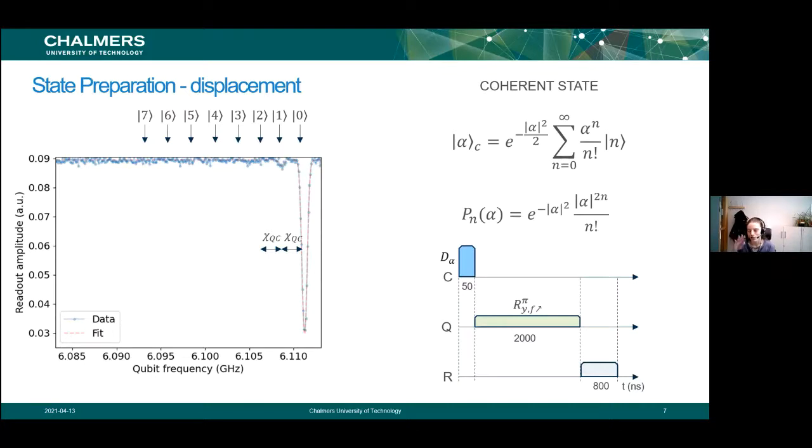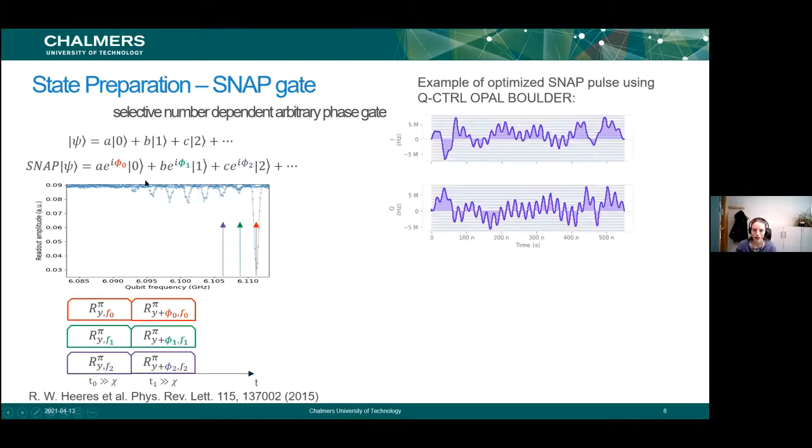You can simulate and look at what this SNAP does after, say, 10 nanoseconds, 20 nanoseconds, and so on. And I've been looking at them now for a few months, and I really cannot make any sense of it.